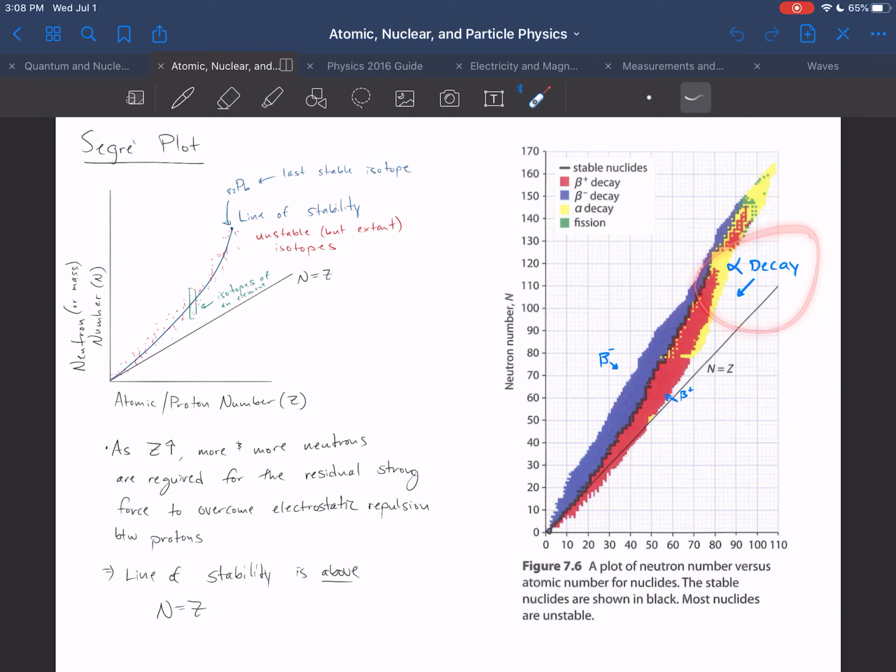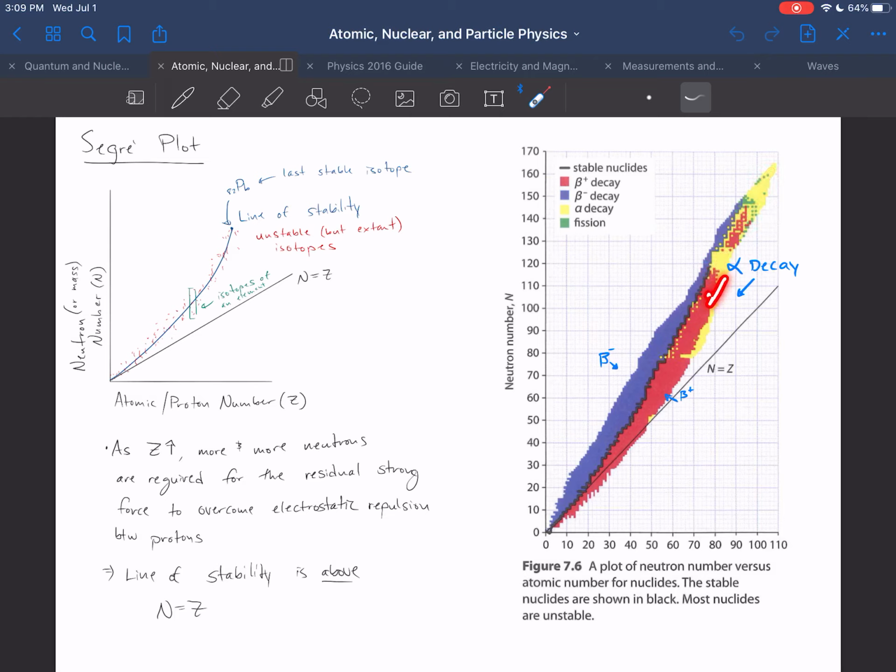Alpha decay, on the other hand, reduces the number of neutrons by 2 and the number of protons by 2. And so what an alpha decay will do is take you down and to the left, which means very heavy isotopes will often undergo alpha decay. It'll bring you this way along the chart.